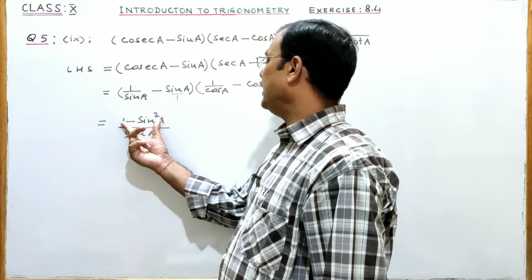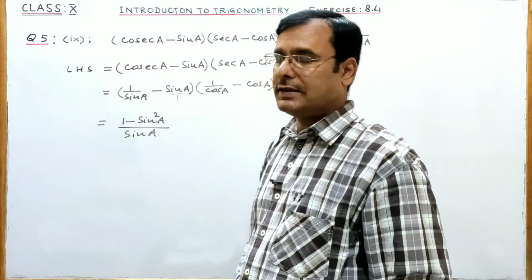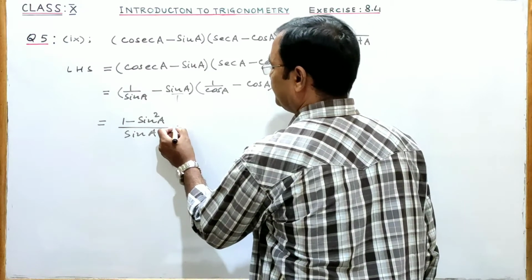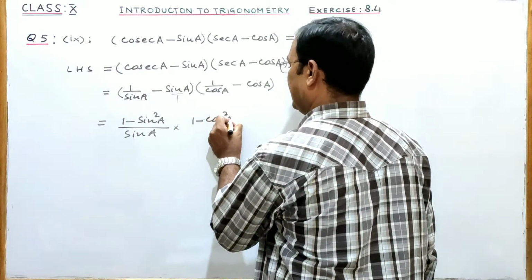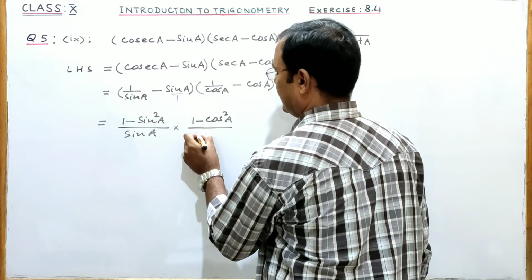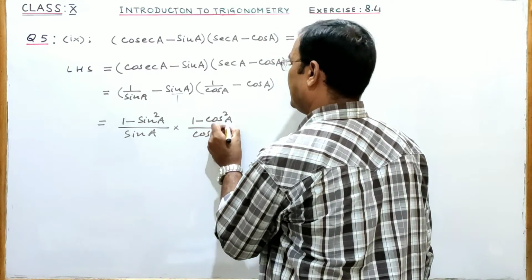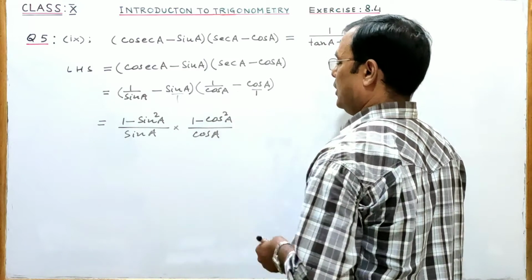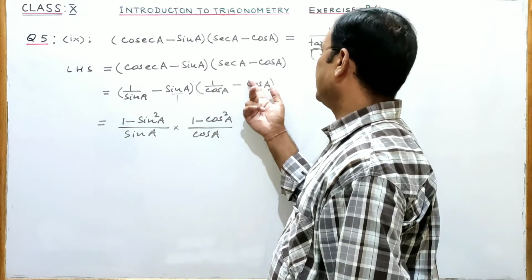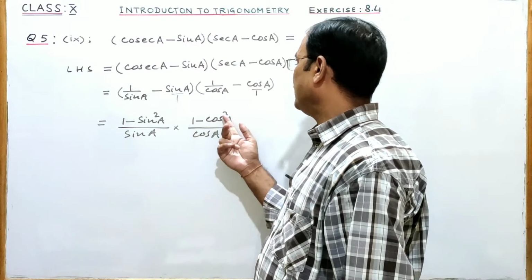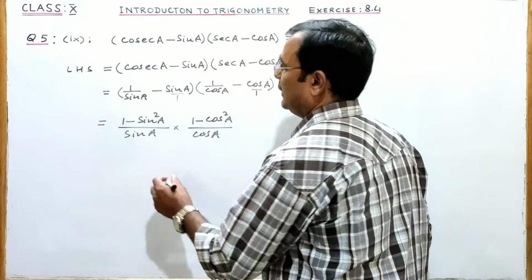So it is 1 minus sin square a by sin a into 1 minus cos square a by cos a. Here also LCM is taken as cos a and simplified: 1 by cos a minus cos a, we have got 1 minus cos square a by cos a.